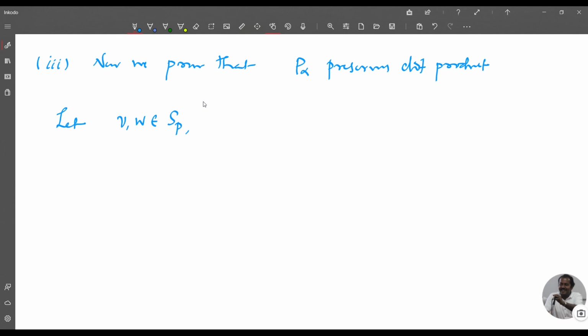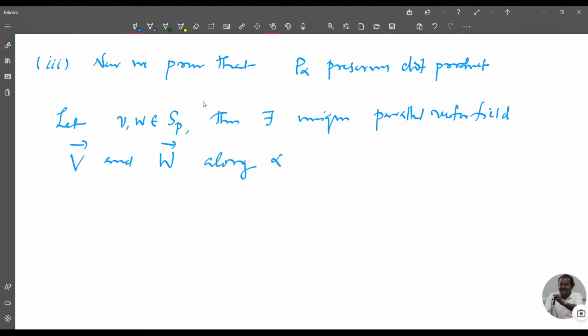Then there exist unique parallel vector fields capital V and capital W along alpha such that capital V of a is little v and capital W of a is little w.